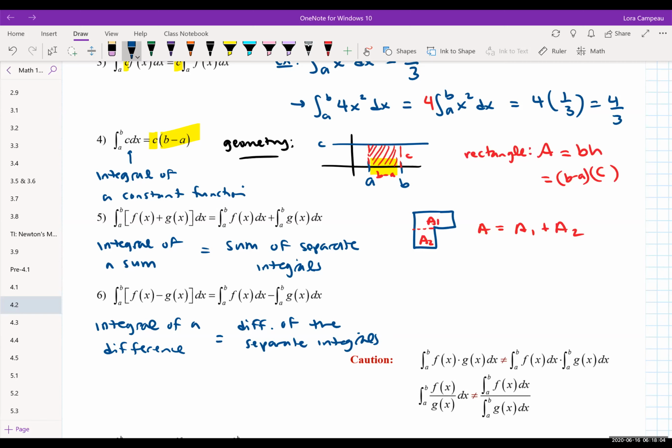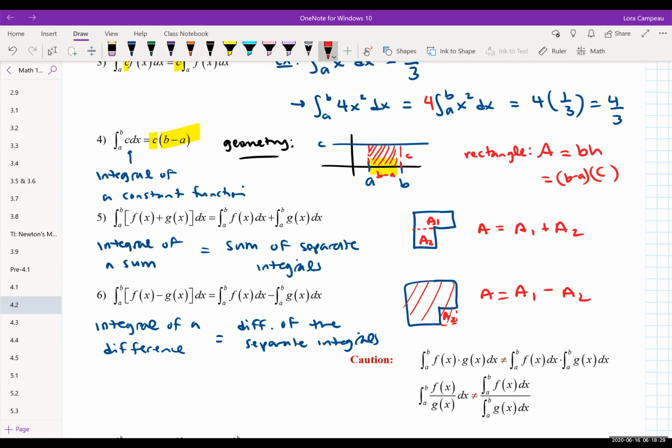That works with area as well. Sometimes it's easier for us to find the area of the big part, but we subtract off the empty space, if we're relating this.